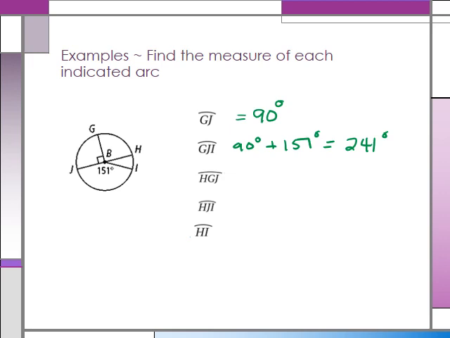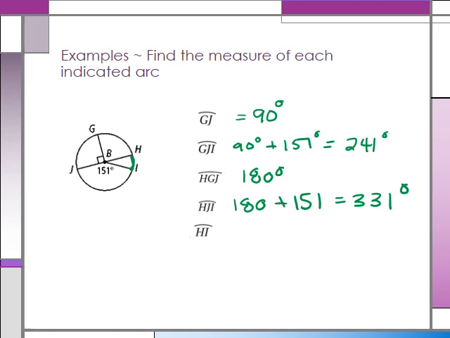HGJ. Okay, notice that its endpoints are the semicircle, so this is 180 degrees. HGI is your semicircle plus this 151. So that's going to be 331 degrees.